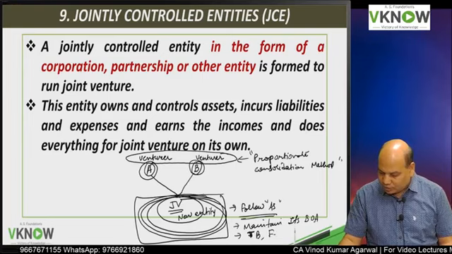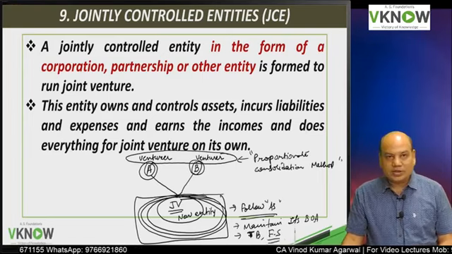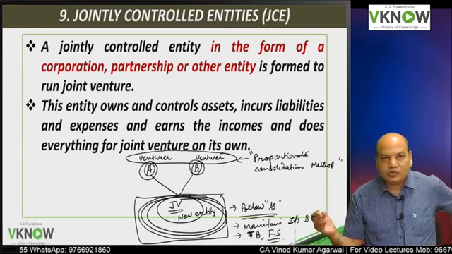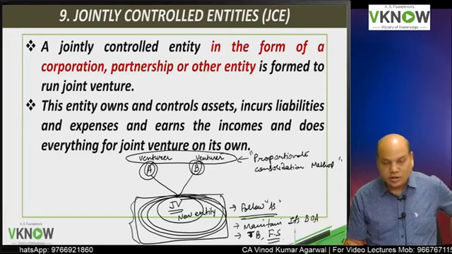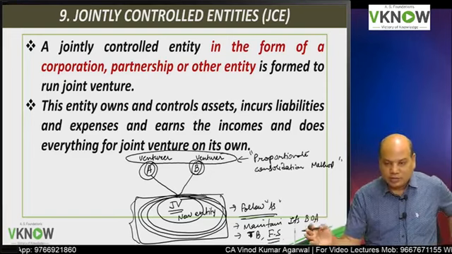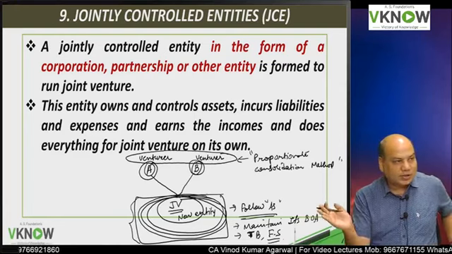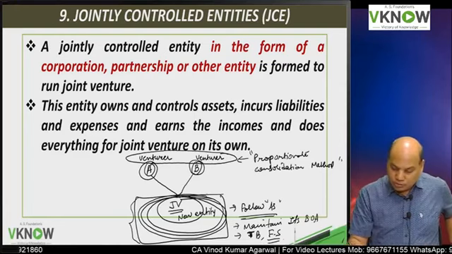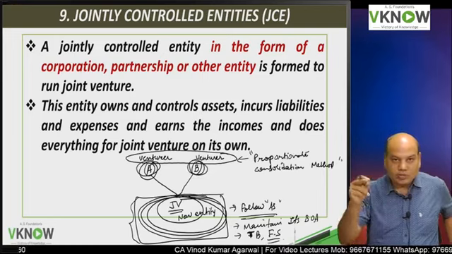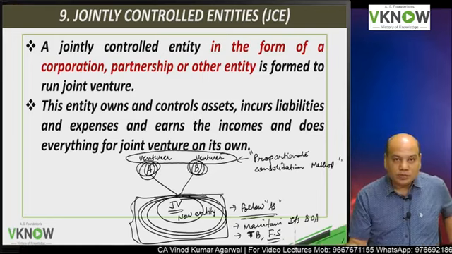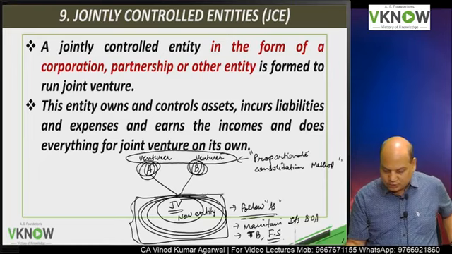It will prepare its own financial statement, because it is maintaining books of account under double entry system like a separate entity. Once it prepares its financial statement, it will be used by the venturers A and B for the purpose of proportionate consolidation.